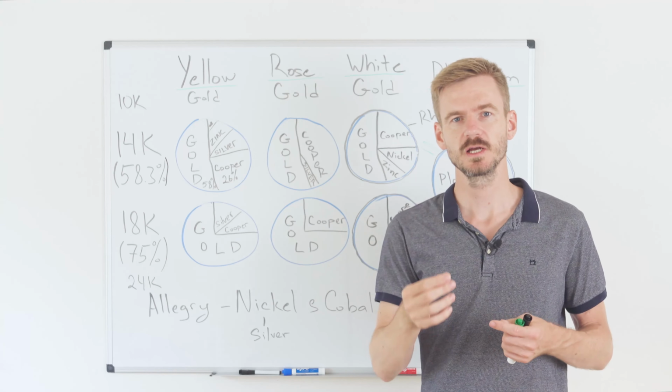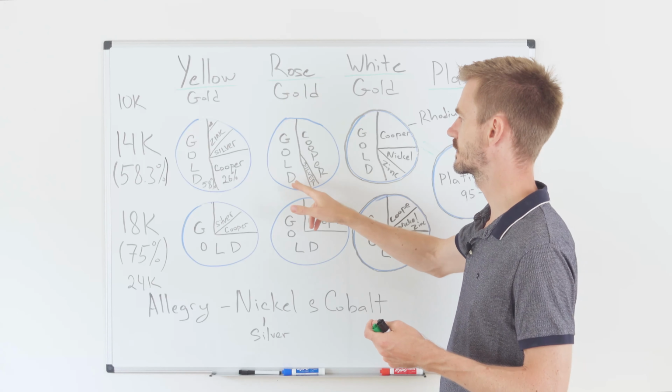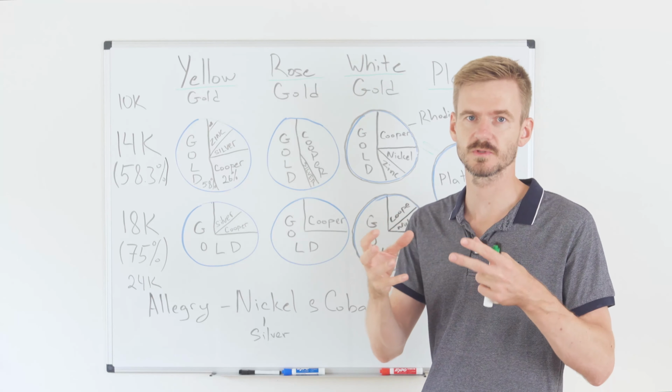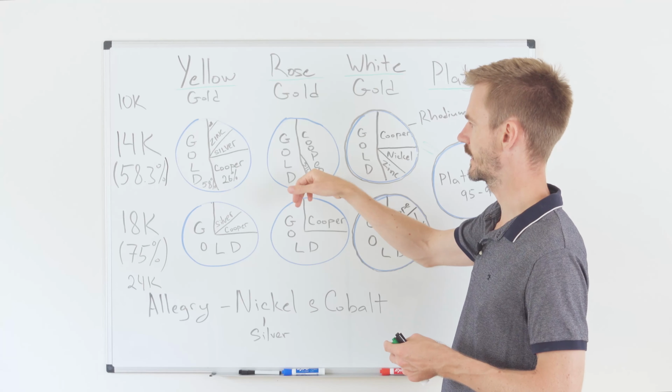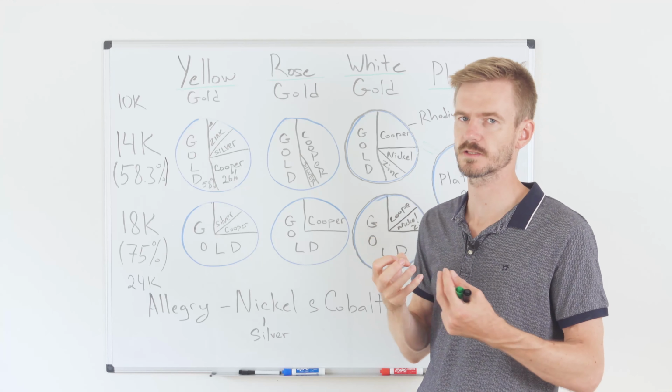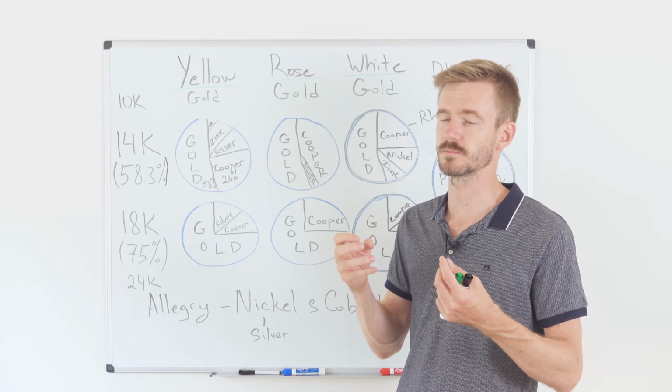Copper itself is a reddish pinkish metal, and when you mix it with yellow gold, you will see the difference. And also you're gonna have silver in this alloy as well, and this would make the metal slightly whiter, slightly more pinkish.